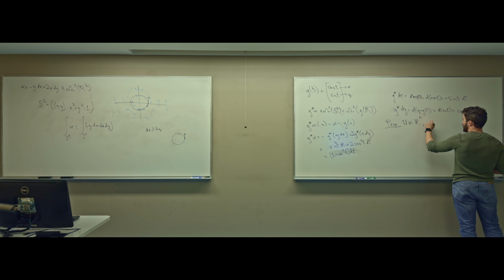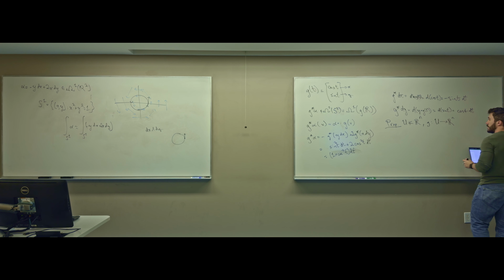And let g be a smooth function from U to Rn. And it has to be a one-to-one map, and it has to satisfy the following condition. The determinant of the Jacobian of g must be nonzero everywhere except on a measure 0 set. But these are just technical things. In practice, you just compute the thing, and it is easy. Basically, if you take a parameterization of a submanifold of Rn, that's g. And it should be a full dimension submanifold.